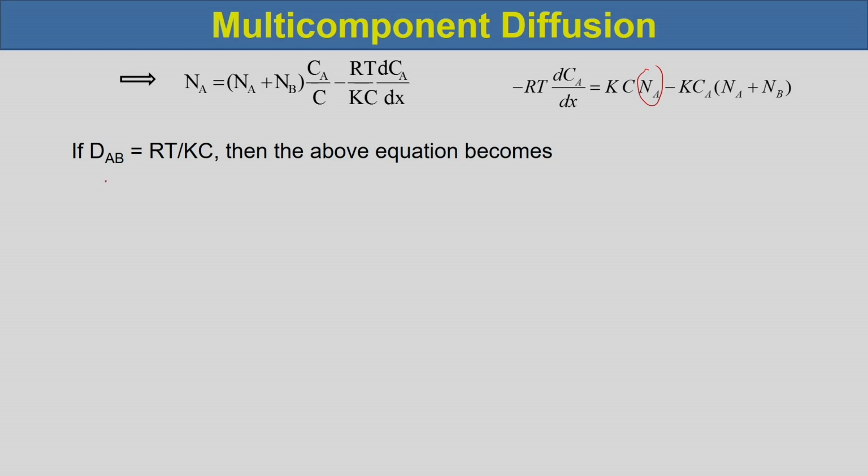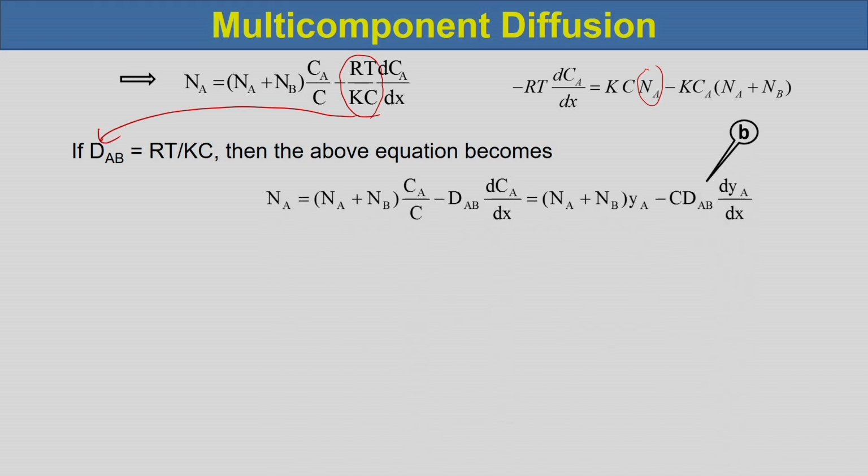If we consider DAB equal to RT by kC, then we can write Na equal to Na plus Nb into Ca by C minus DAB dCa/dx.